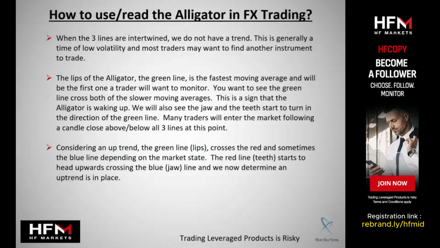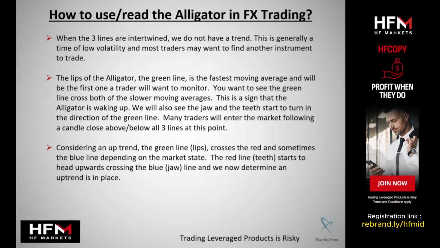So how do you simply read that indicator? When you have those 3 lines intertwined, you don't have a proper tradable trend forming. That means that right now you will have a low volatility time.